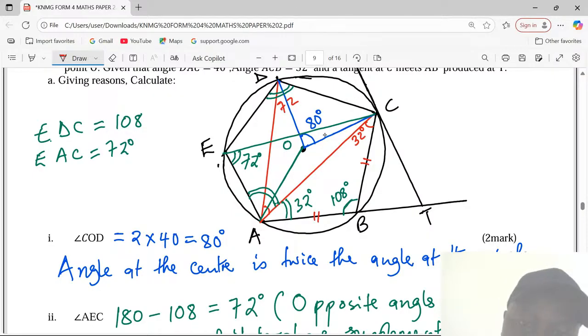If that is so, then the angle at the center here is going to be exactly what? 72 times 2, which is 144. So the angle here is 144 degrees.